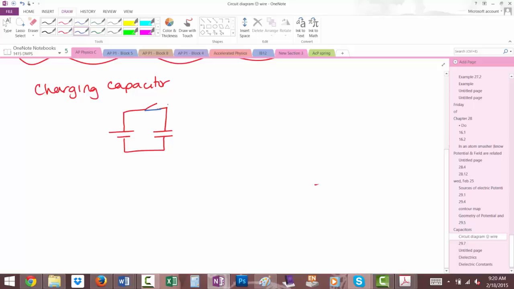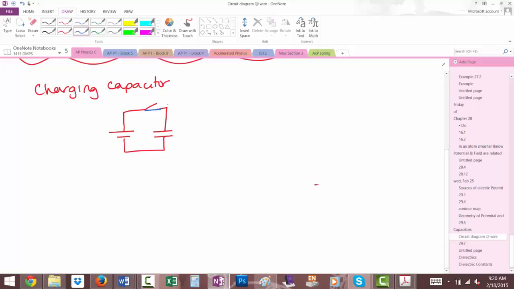As soon as that switch is closed, the potential difference that exists there, the separation of charges that happened due to the chemical reaction in the battery, has now caused a potential difference across that entire wire. If there's a potential difference, that means that inside the wire there is an electric field.